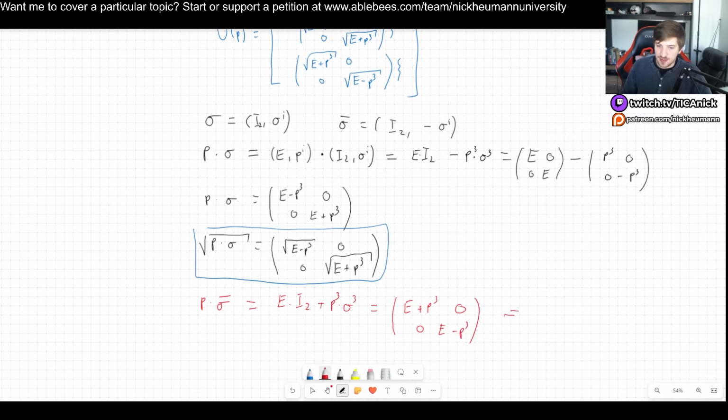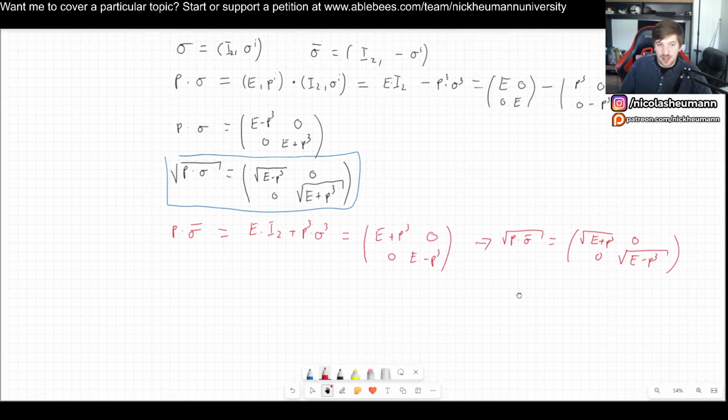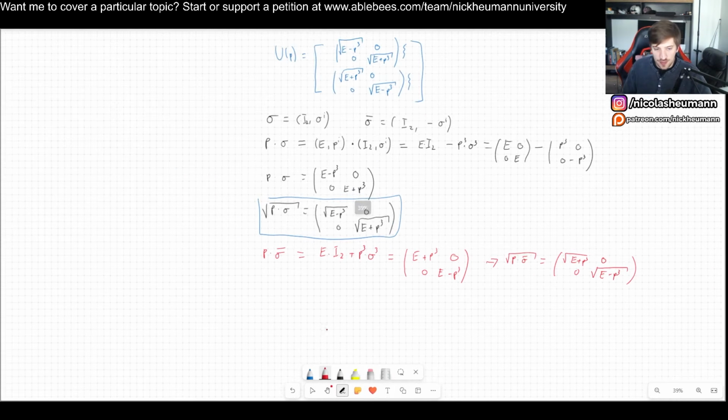Now we can take the square root. So that's the square root of p dot sigma bar, which is going to be the square root of E plus P3, 0, 0, E minus P3. And there we go. So now we can plug all of this back in.